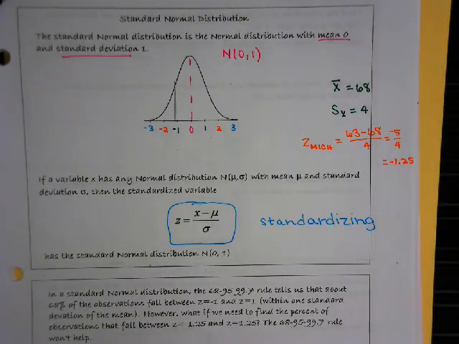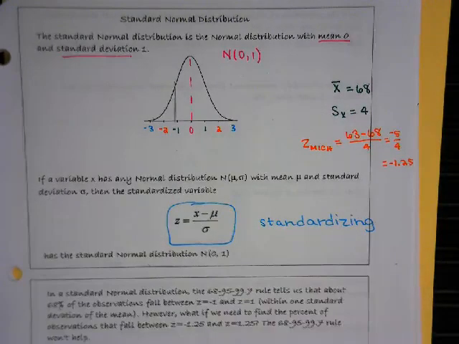All right. So in a standard normal distribution, the 68, 95, 99.7 rule tells us that 68% fall between a z-score of -1 and a z-score of +1.